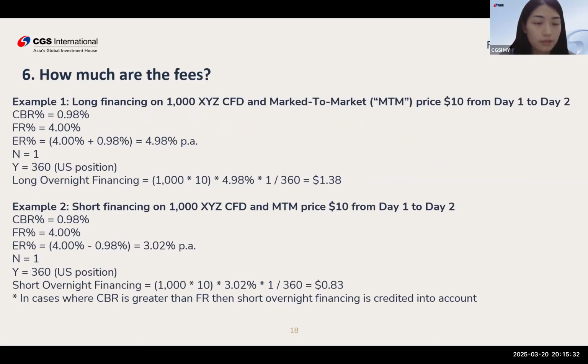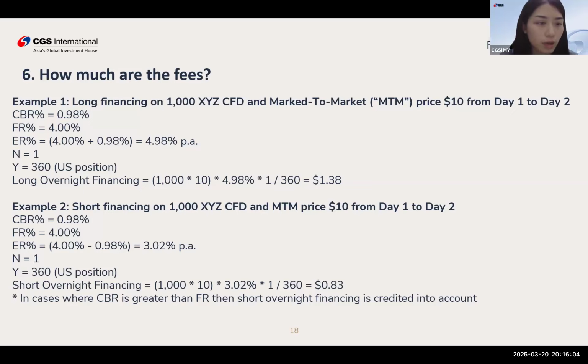Now, how much is the fee? Let's go through these two examples to understand how we calculate the financing fee. If you are long 1,000 units of XYZ CFD and the mark-to-market price is 10 from day 1 to day 2, with a central bank rate of 0.98% and a financing rate of 4%, the effective rate will be the central bank rate plus the financing rate, which is 4.98%.